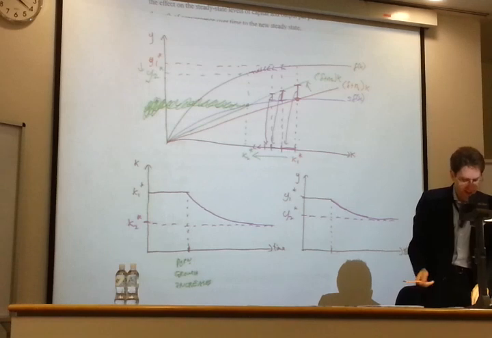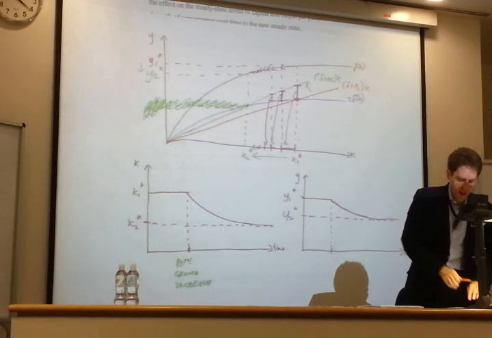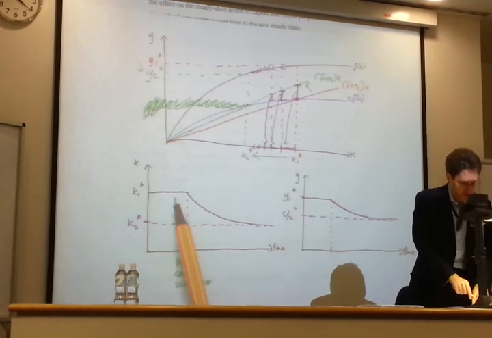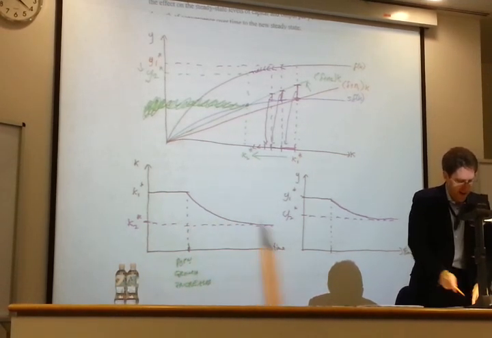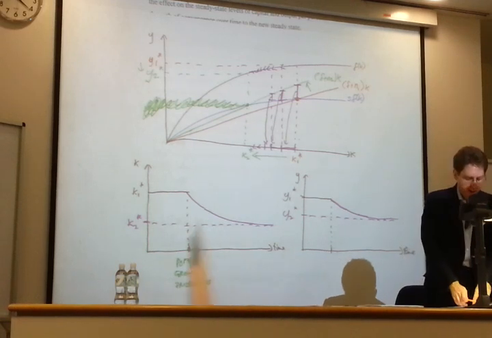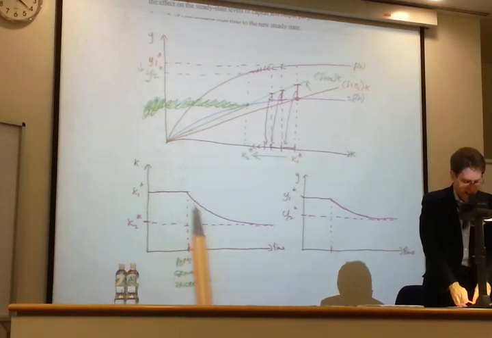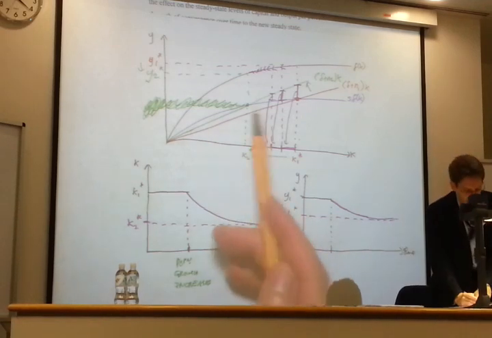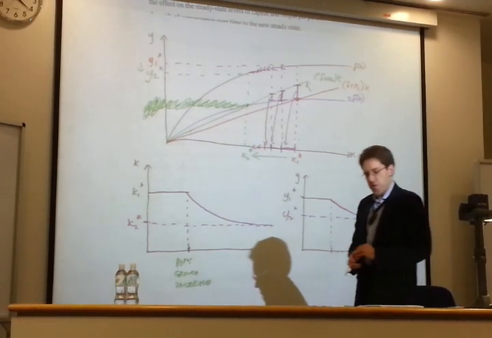It's just generally more correct to draw it like this than to draw something that has the opposite curvature, that's going down slower initially and then goes faster. Here, the larger adjustment is at the beginning, and then it slows down. Clearly, that has to happen as you get closer to the new steady state.